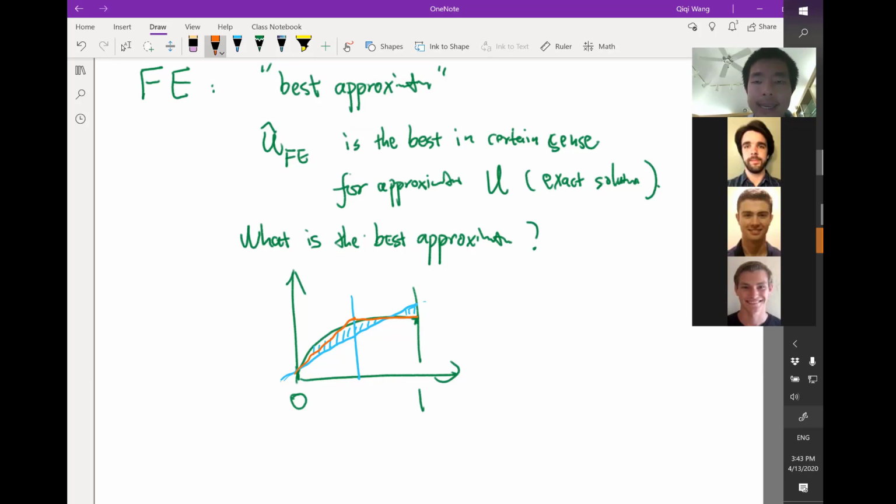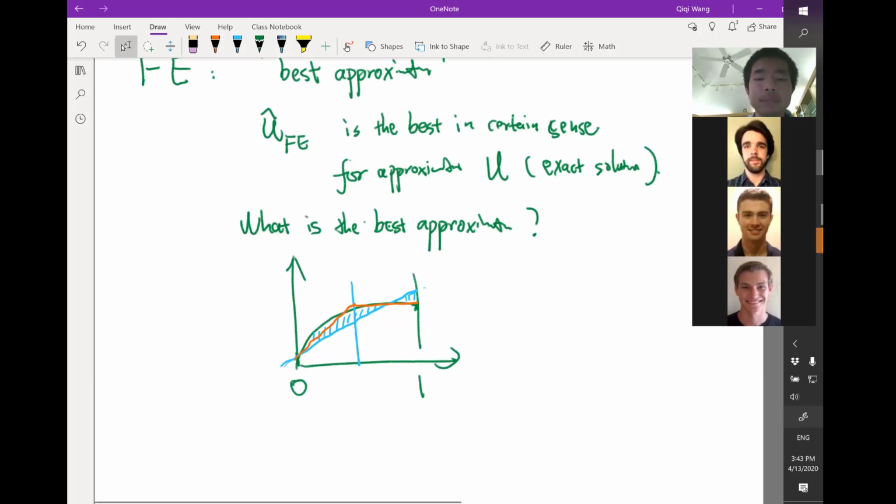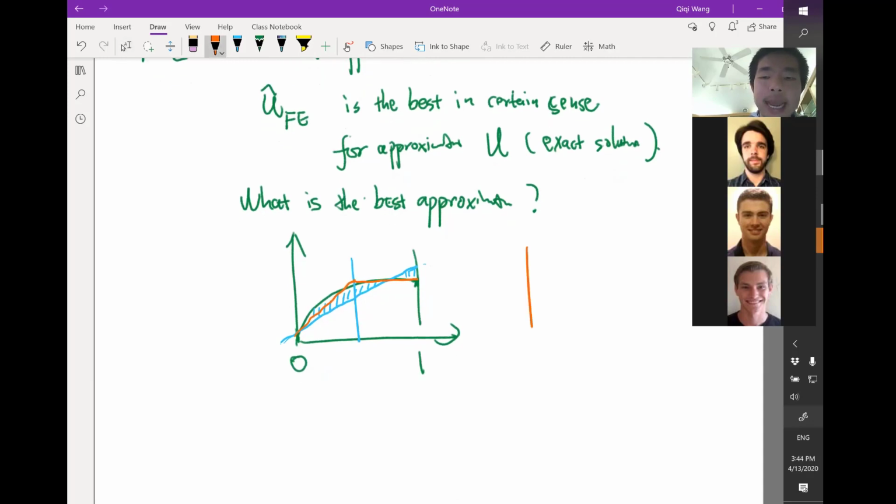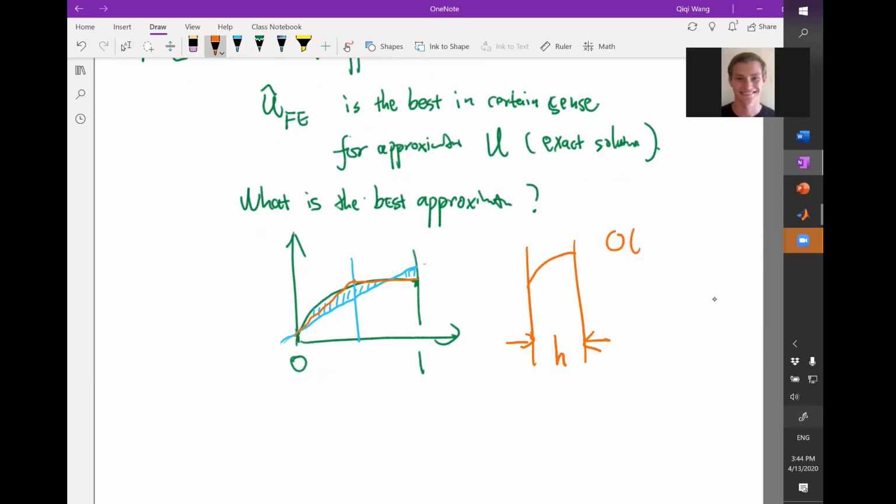And in this case, it turns out if I split the elements into spaces of h, so let's say h is the spacing between the left and right boundaries of the element, and I have an arbitrary function, the best piecewise linear approximation turns out to be O(h squared).